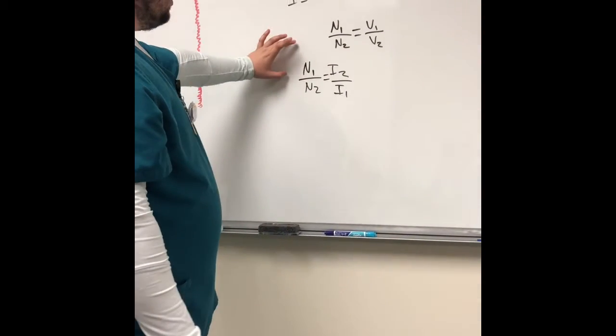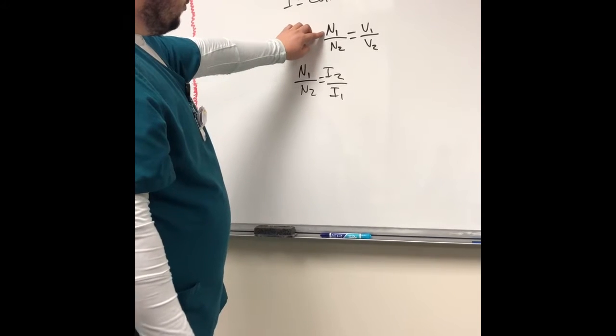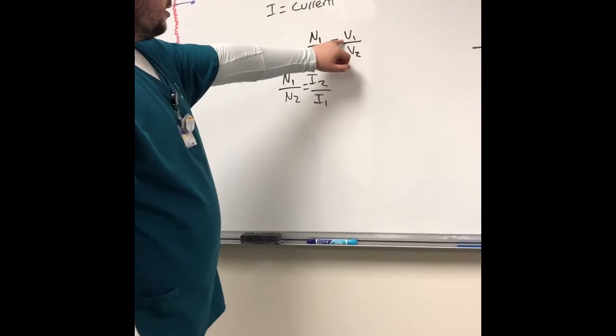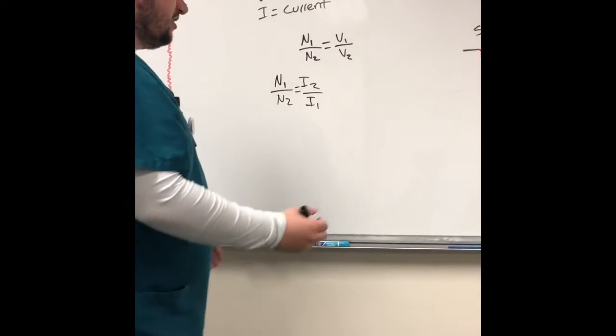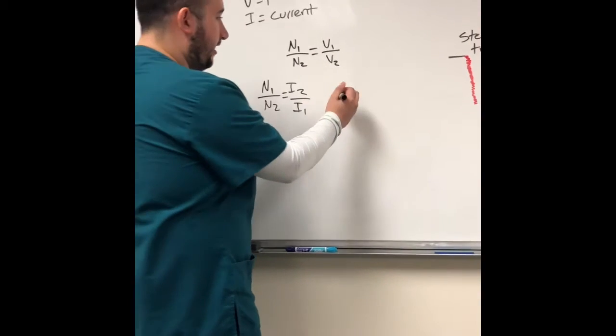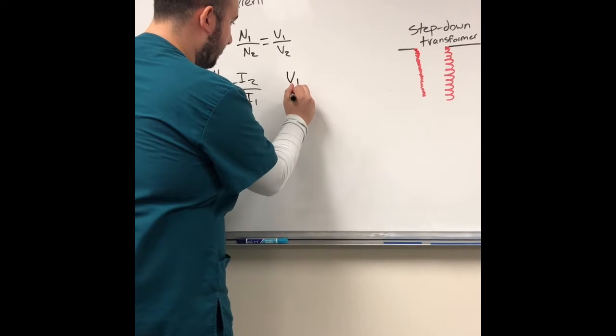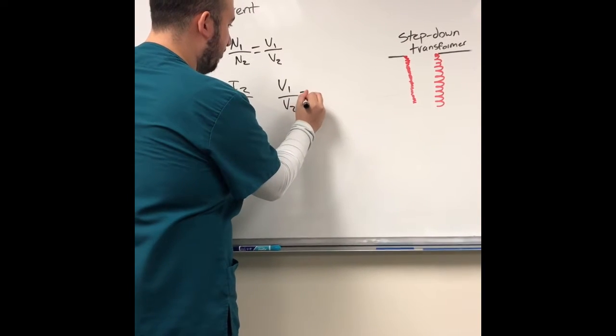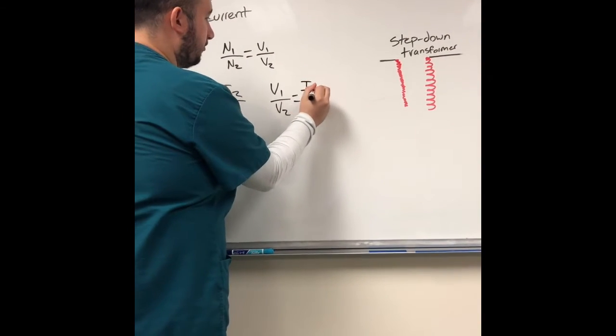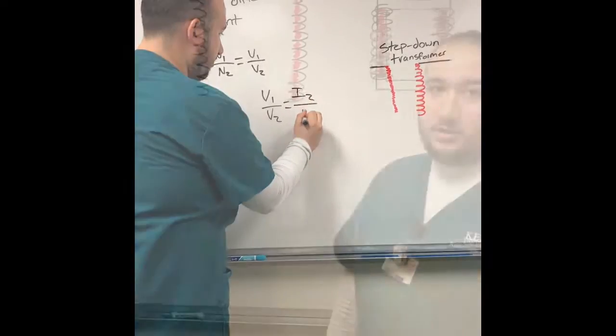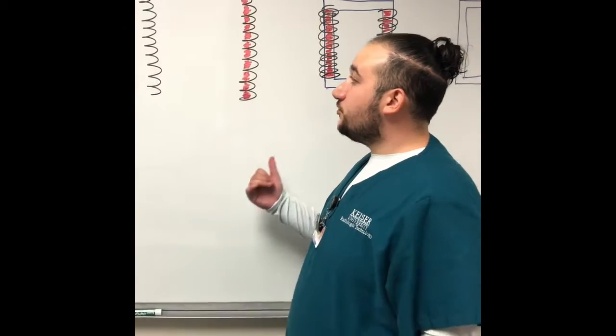So now that we have these two formulas, and we know that N1 is directly proportional to V1, which is the potential difference, we could say that V1, the potential difference in the primary, is also inversely proportional to the current.